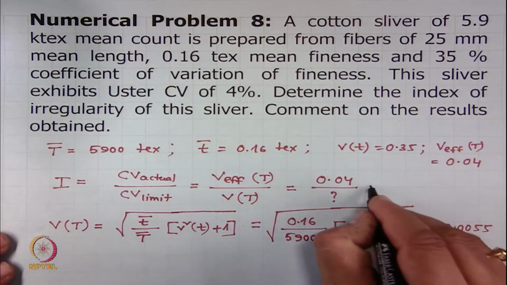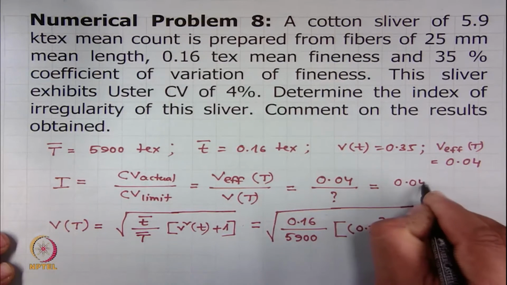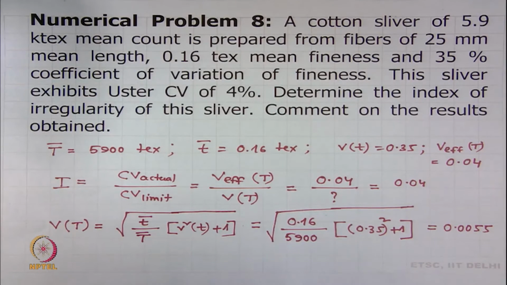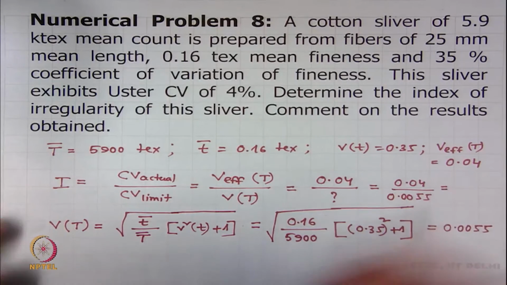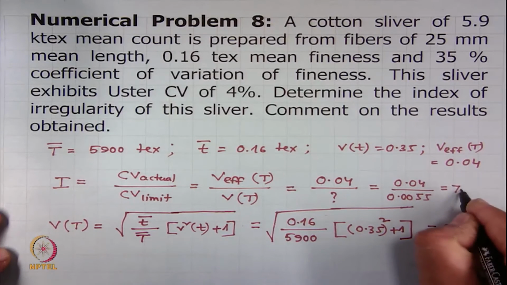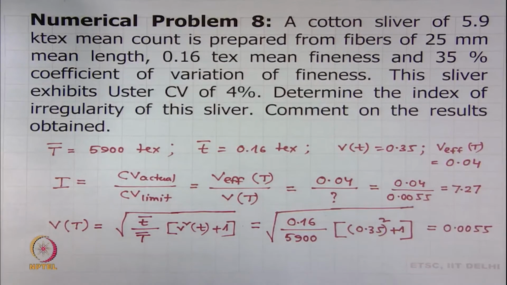So, if we substitute 0.04 divided by 0.0055, which will be equal to 7.27. It should have been near to 1 if Martindale's theory was correct, but it is becoming 7.27, too high index of irregularity. That is the comment.